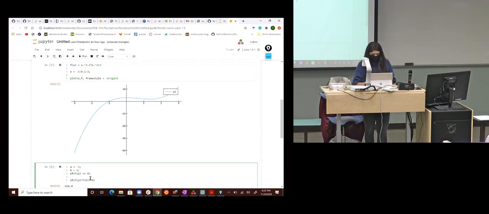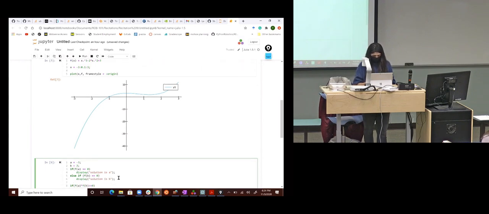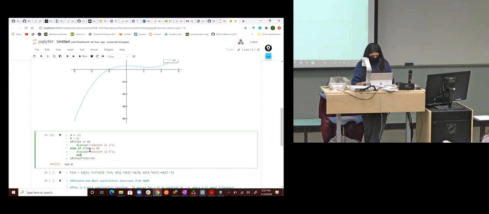If that is the case, then you can just say the solution is A. That isn't the case for us, but that's how we'll go about it. Else, if f of B equals 0, then you say the solution is B. Correct? And I end it here.